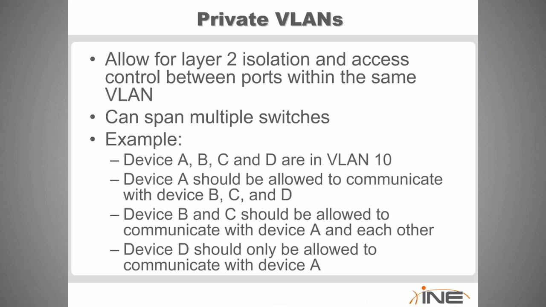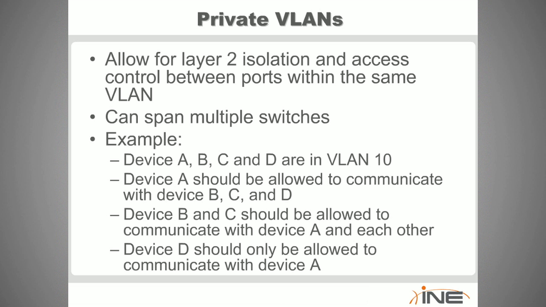If you were designing that hotel network, you would want to set it up so that users in different rooms cannot talk to each other, but they could talk to the default gateway in the network. So even if the rooms on, let's say, floor 10 are all in the same VLAN and all in the same IP subnet, we want some sort of security configured in a way that traffic cannot pass directly between the rooms.